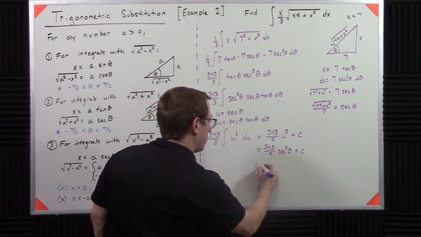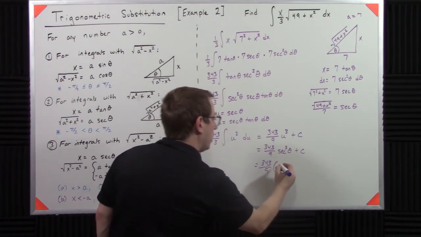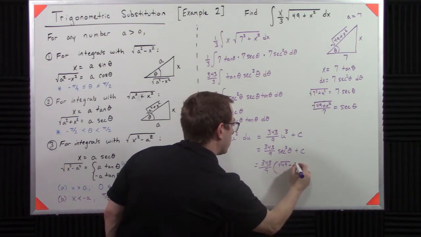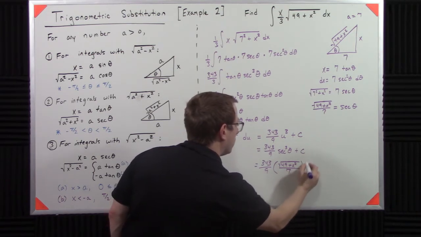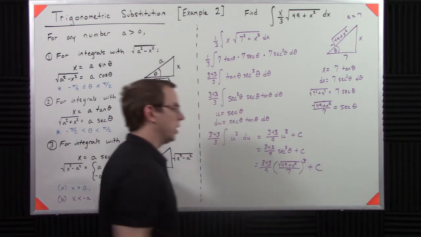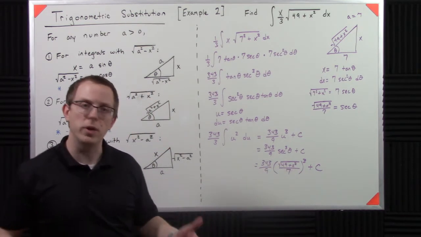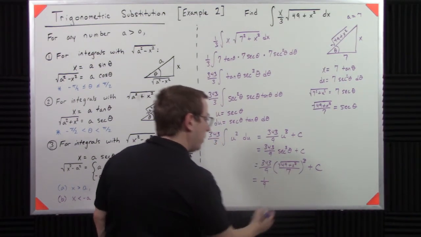So that gets us 343 over 9 times the square root of 49 plus x squared over 7 cubed plus c. Now 7 cubed is that 343, so that's going to cancel. So that gets me 1/9.